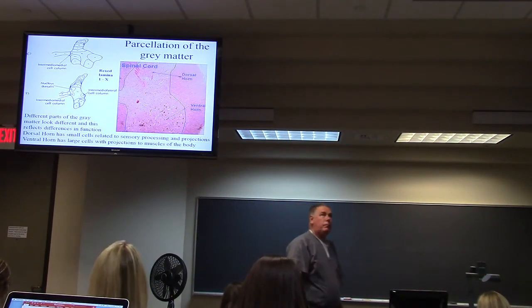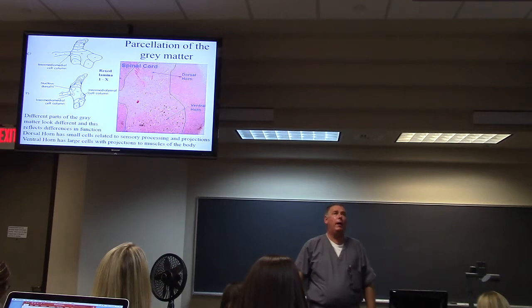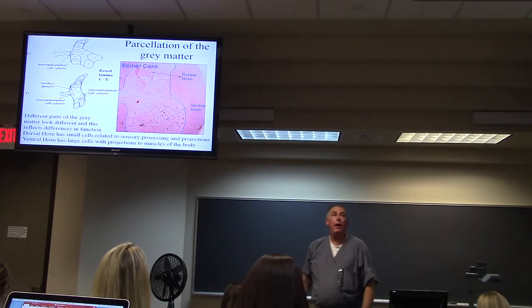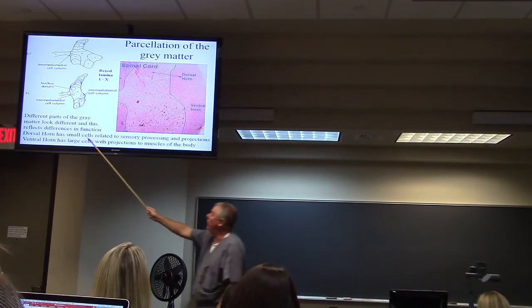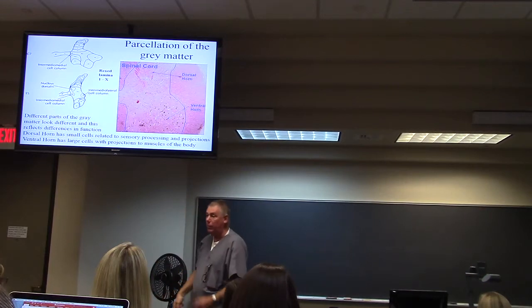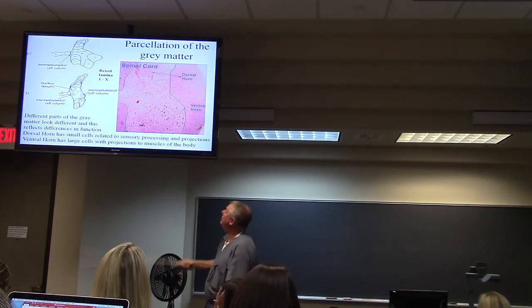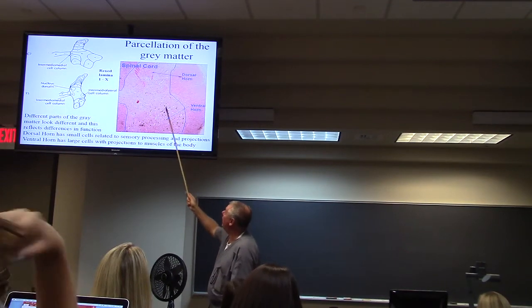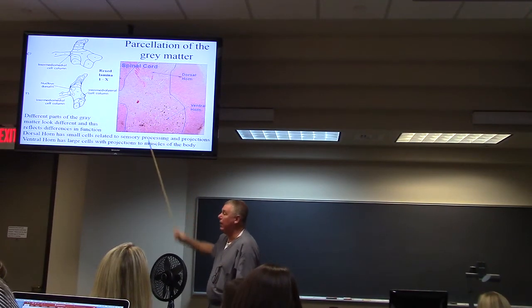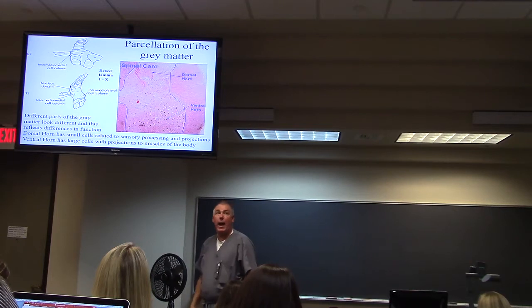Now, parcellation of the gray matter. It's done, as I mentioned earlier, because not only do they look different, they have different functions. I mentioned these being large motor cells going to skeletal muscle, that's part of lamina 9.